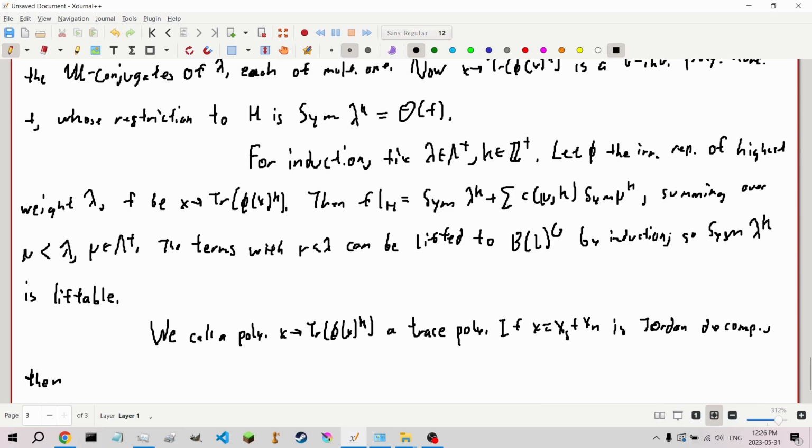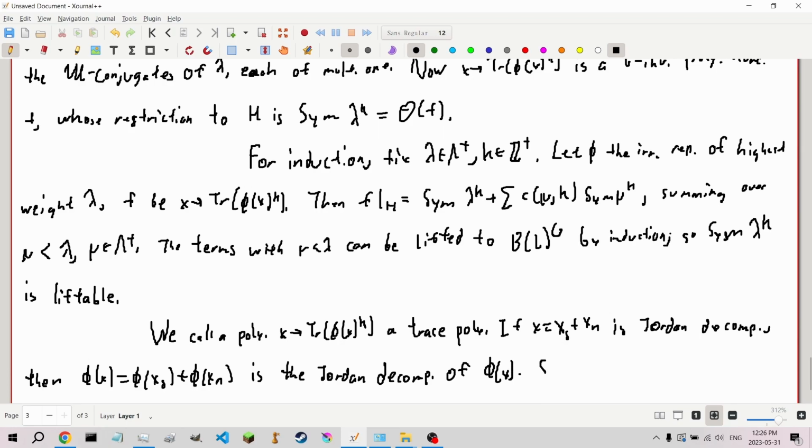Then phi of xs plus phi of xn is the Jordan decomposition of phi of x, and so we know that phi of xs and phi of xn commute.